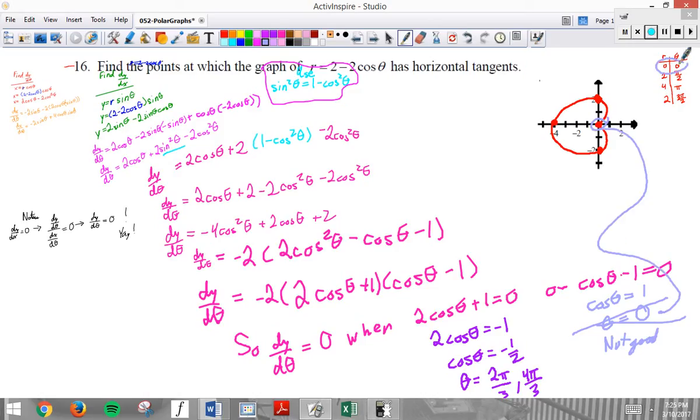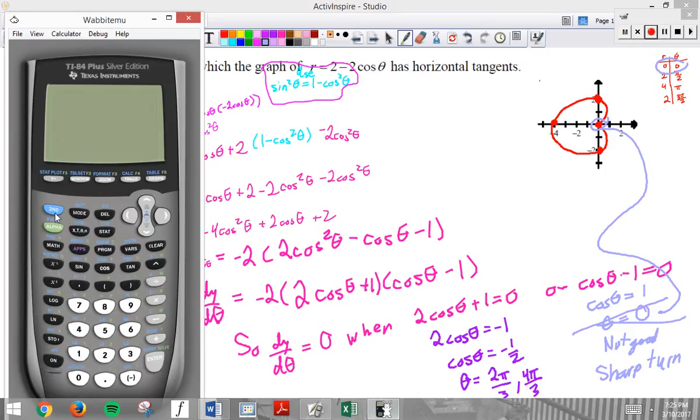Because I did my table. When theta equals 0, I'm here. This is like a sharp curve, a sharp turn. These other points, smooth as butter, right up here and right up here. Now, I don't think I drew this very well. I'm just going to emphasize what it's supposed to look like.